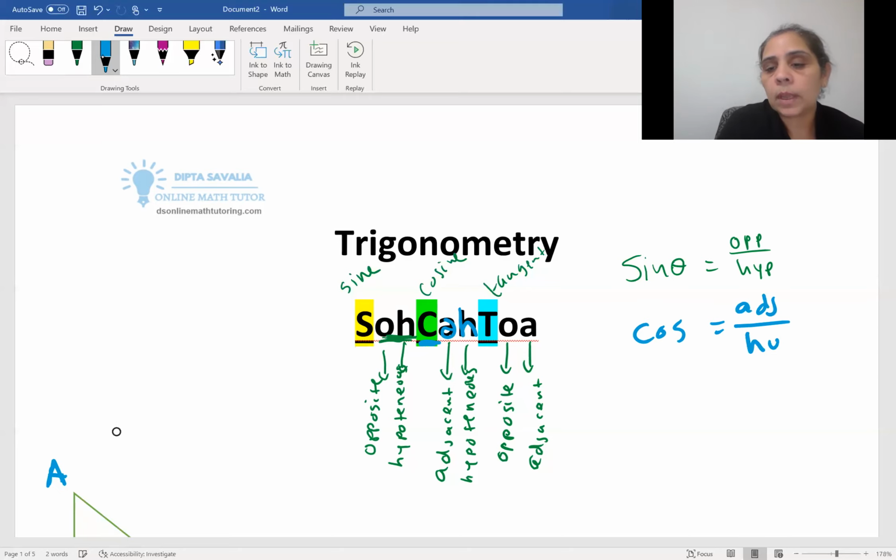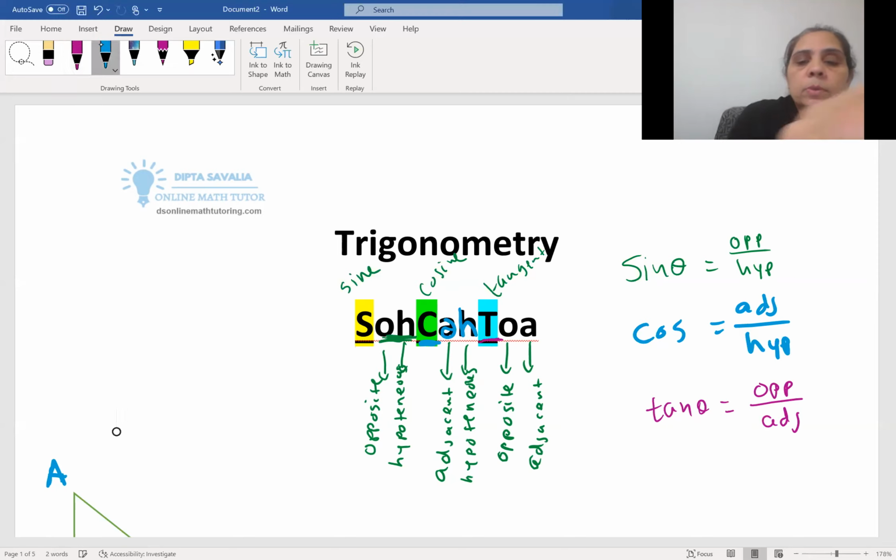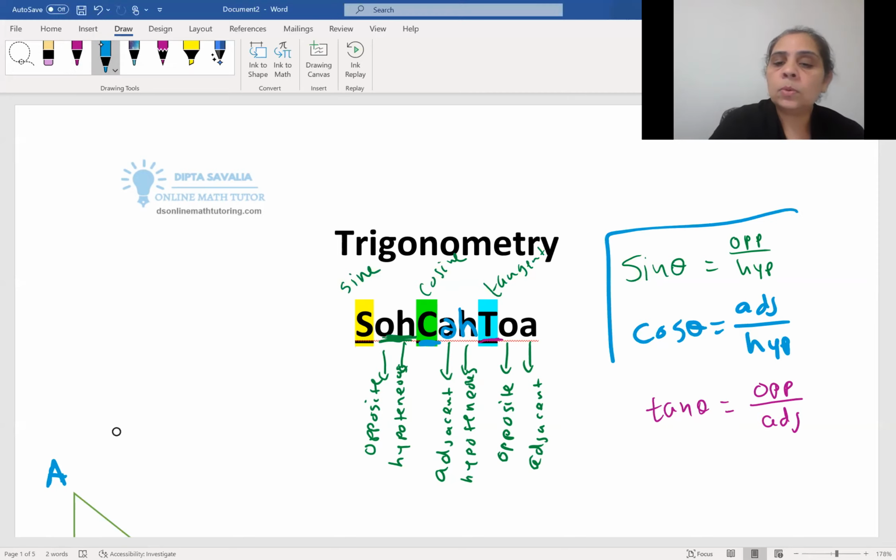The third function is T, for tangent. Tangent theta equals O over A, opposite over adjacent. You need to memorize this, and you can do it by remembering the word SOHCAHTOA.